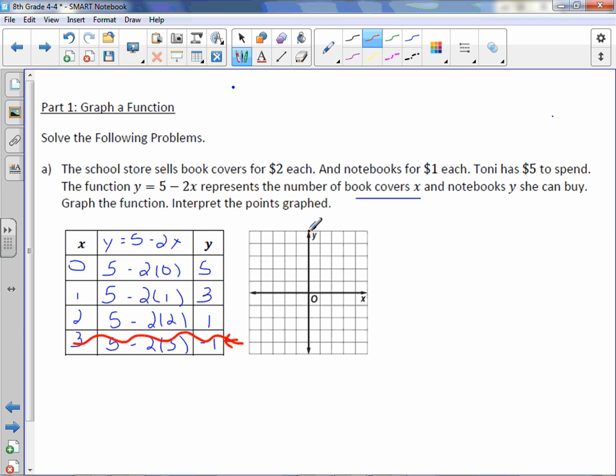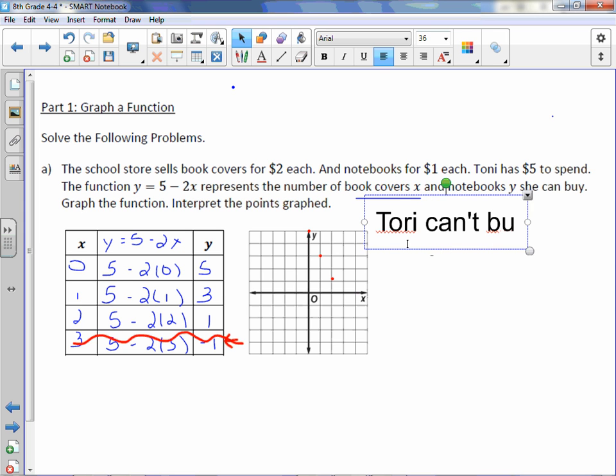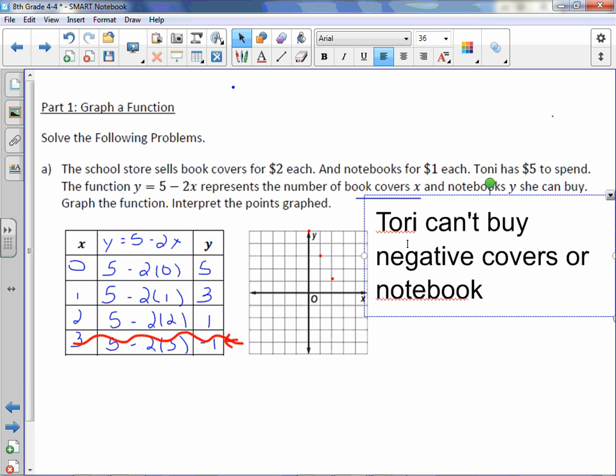0, 5, 1, 3, and 2, 1. Okay, and interpret the points graphed. So Tony can't buy negative covers or notebooks.